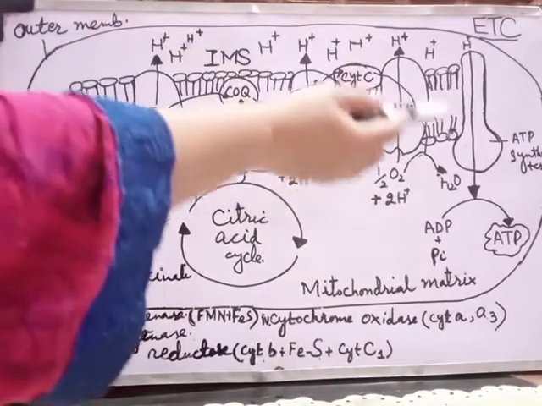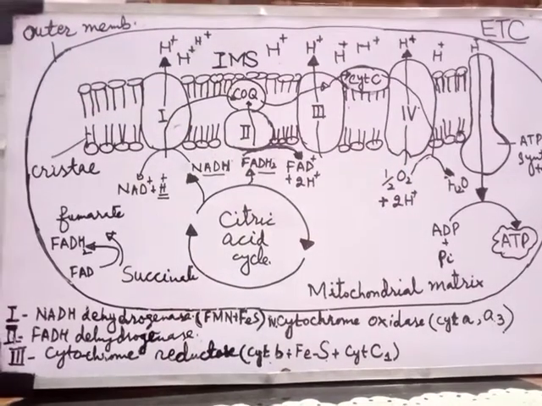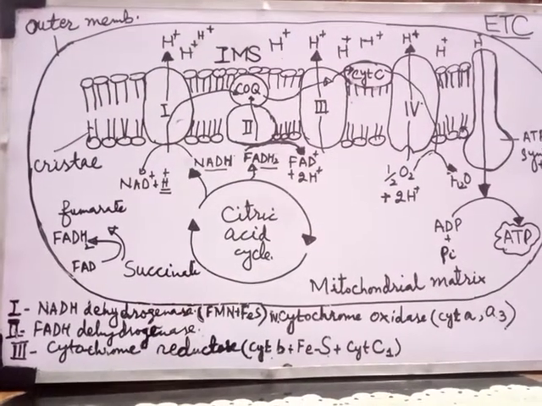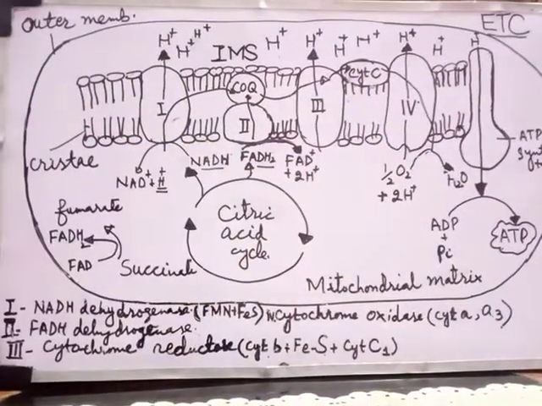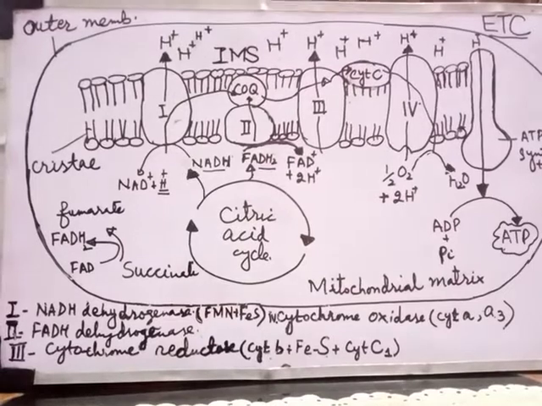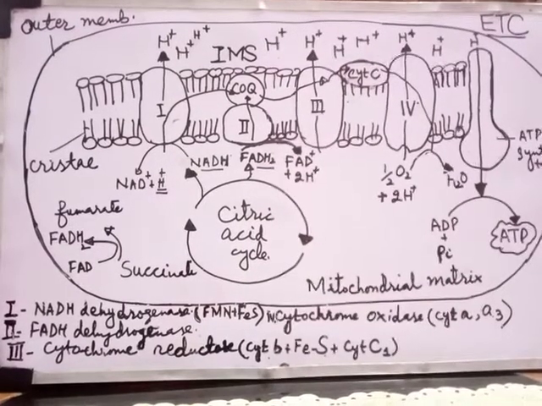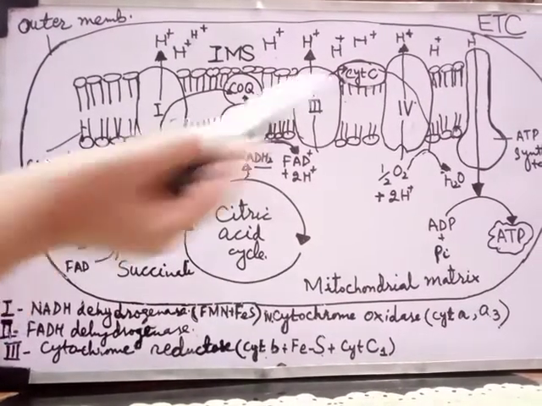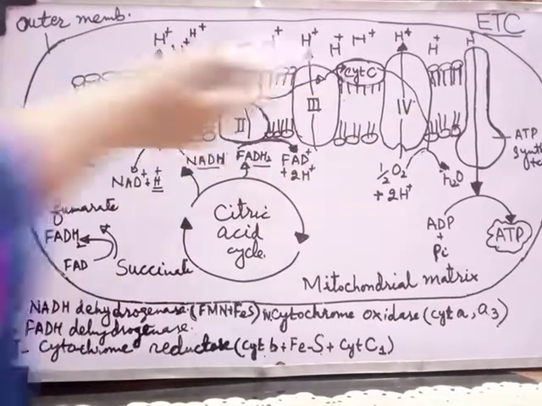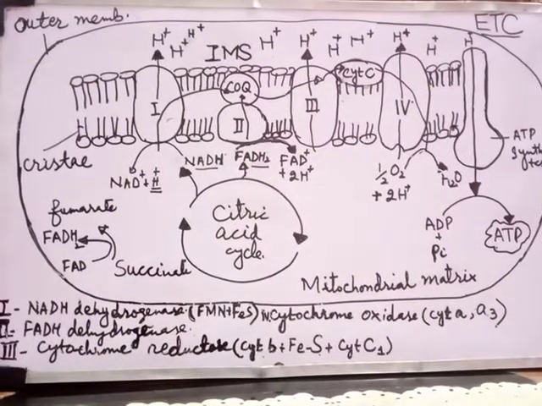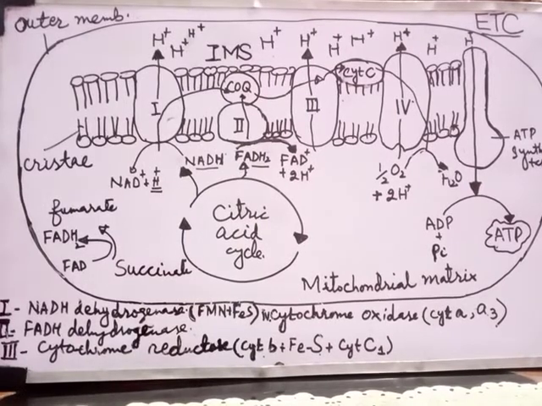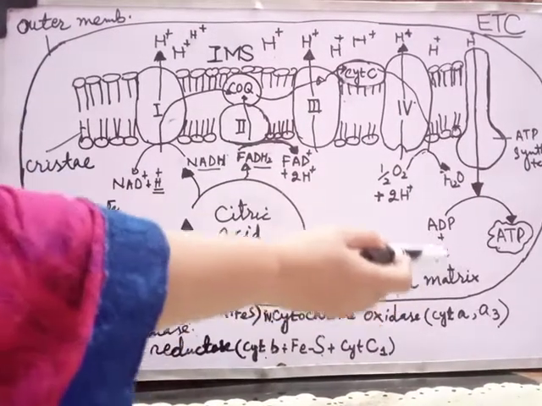So they adopt a particular pathway to move back into the mitochondrial matrix, and that path is called oxysomes or ATP synthetases. These are stalked particles present in the inner membrane of the mitochondria. They allow movement of hydrogen ions or protons back into the mitochondrial matrix.